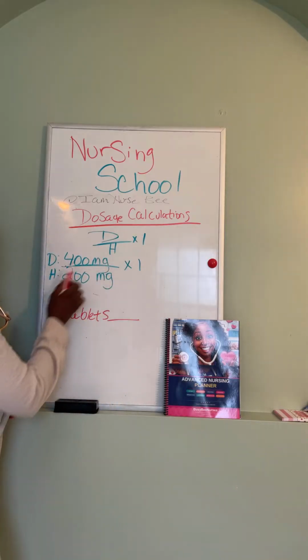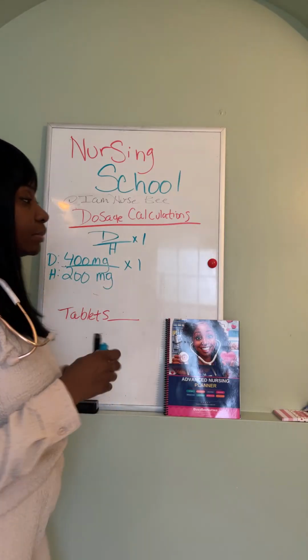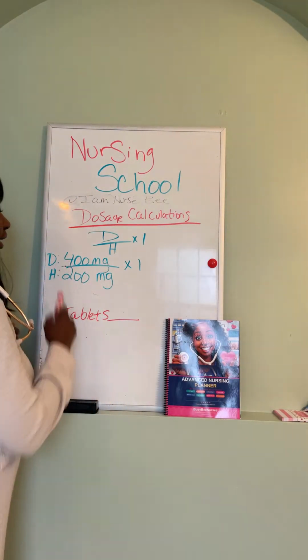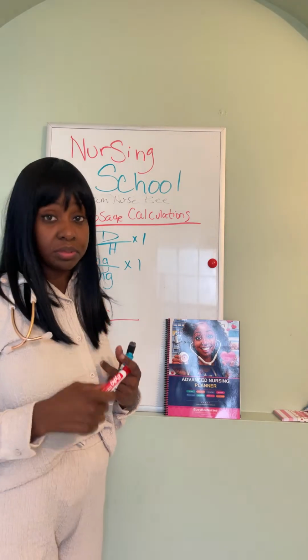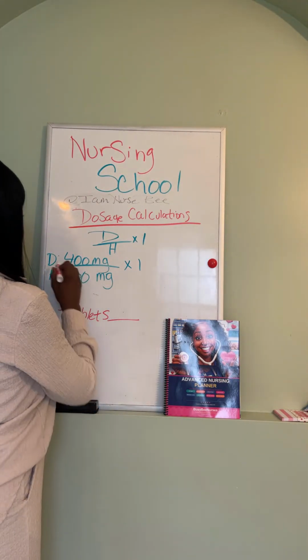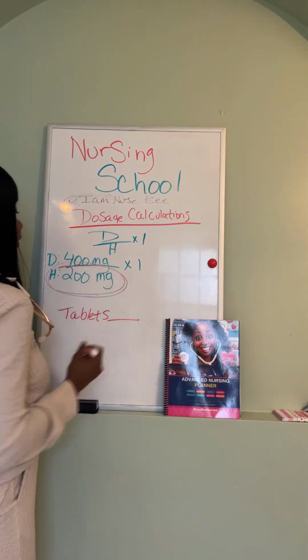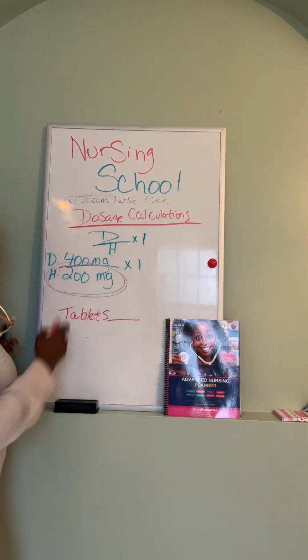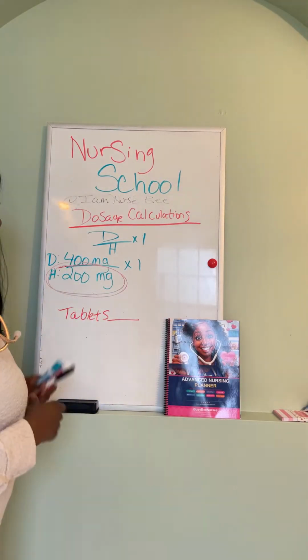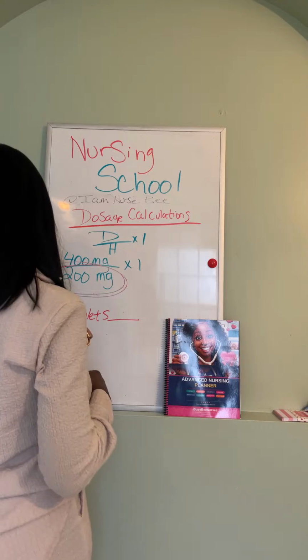What do you think? How many tablets do you think this patient requires? Based off of what you see here, the doctor's asking that the patient gets 400 milligrams of the medication. We only have 200 milligrams. Doctor wants 400. So how many tablets would you say the patient will need?